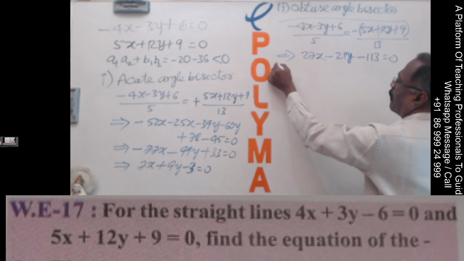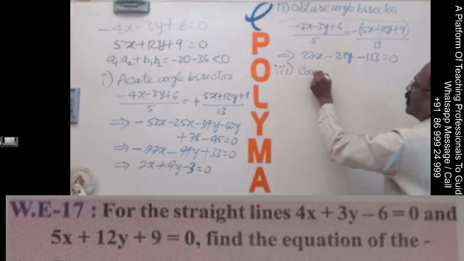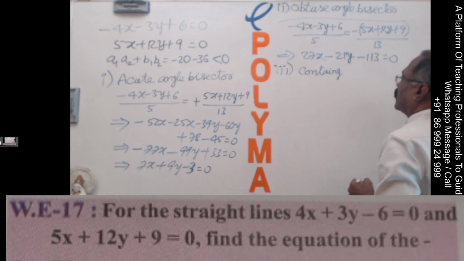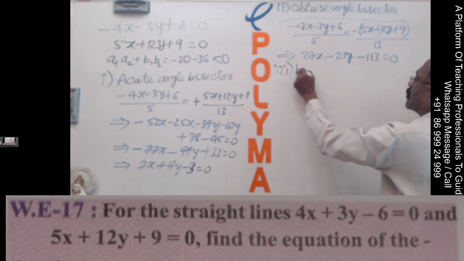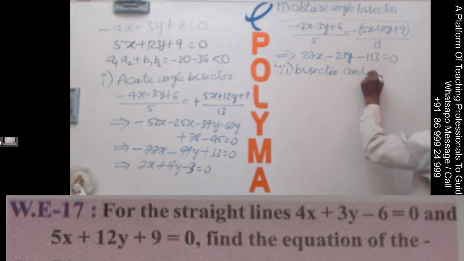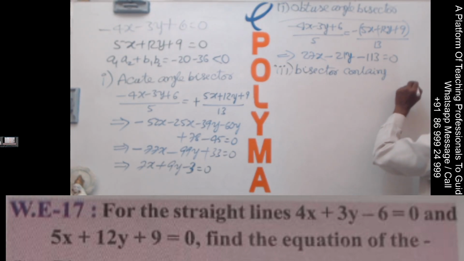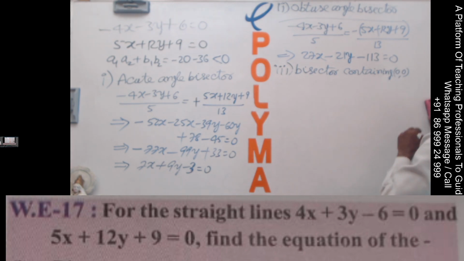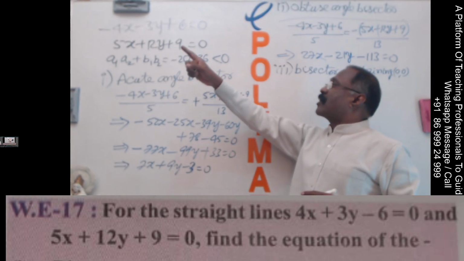Number 3, bisector containing 0, 0. For that one, you have to make C1, C2 positive.